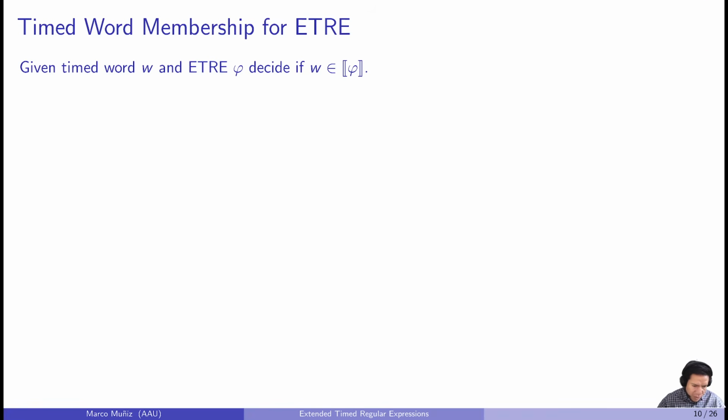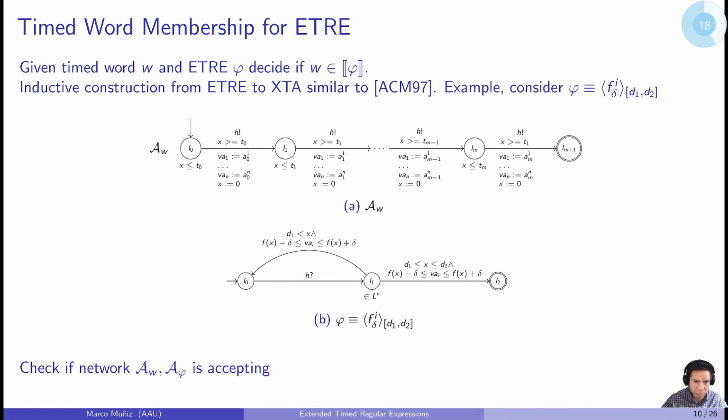So now our challenge is, if we are given a time word and an extended time regular expression phi, we need to decide if the word belongs to the set induced by this regular expression. We are going to do this using a translation similar to the one presented in the paper from '97, where we transform extended time regular expressions to extended time automata.